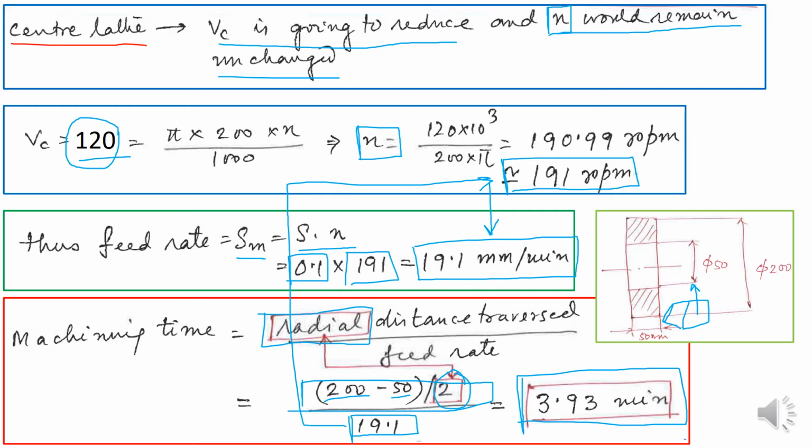Please note that while finding out the total distance traversed, we have not incorporated any over travel or approach, because it was assumed that they are 0. It was given in the problem statement.